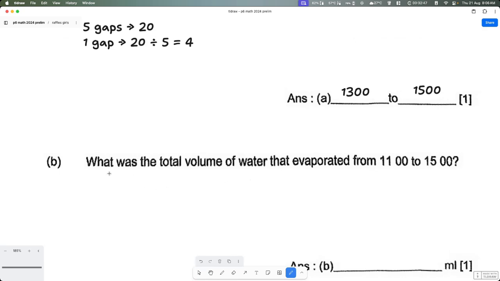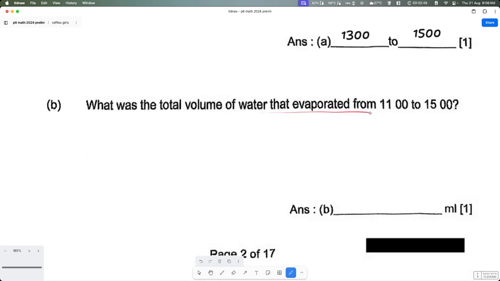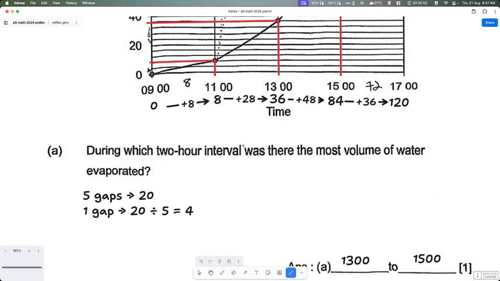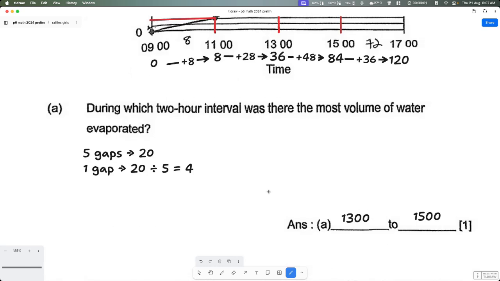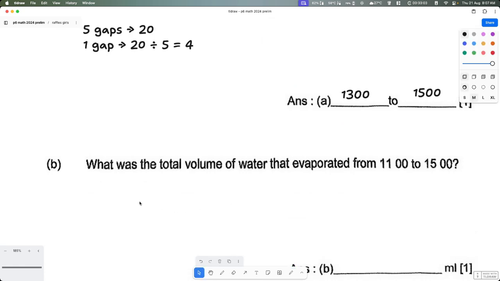What was the total volume of water that evaporated from 1100 to 1500? Okay, so 1100 to 1500, so 84 minus 8. 1100 is 8 ml, and 1500 is 84 ml.